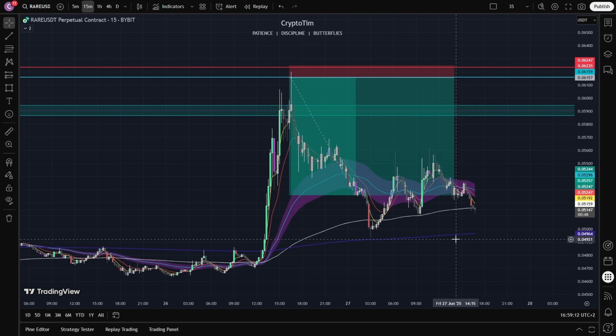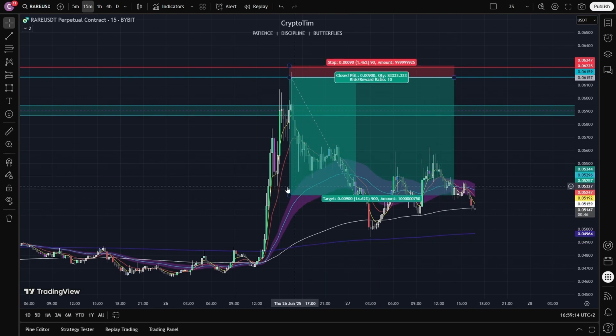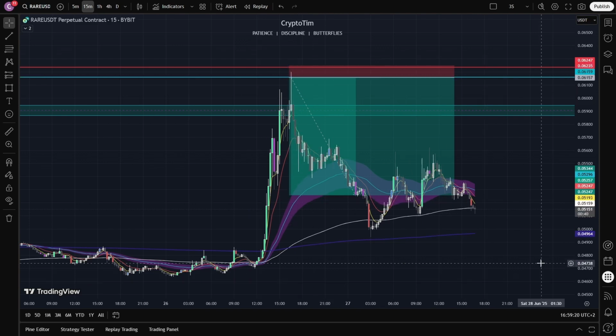But of course, that's hindsight. We have a good plan here for the TP, we have a good plan for the entry and for the stop loss, so whatever happens after the trade doesn't matter for us anymore. We're happy with the trade that we got, as we should be, and that's what matters.